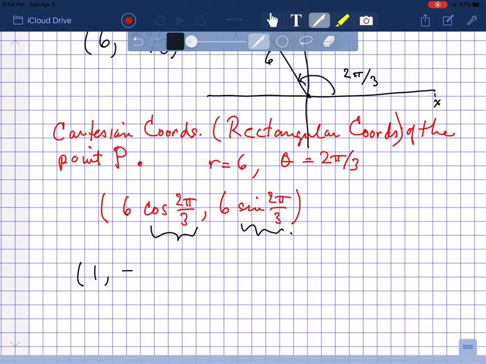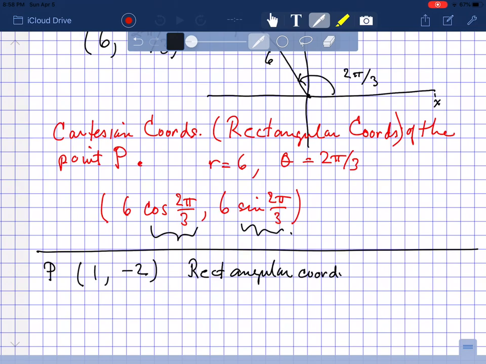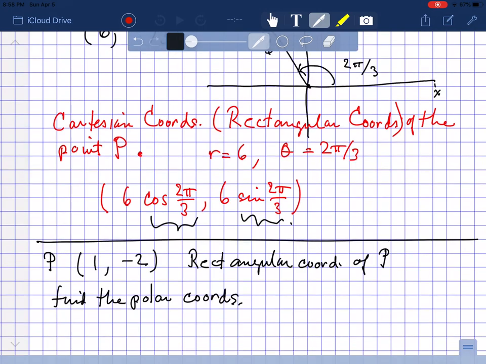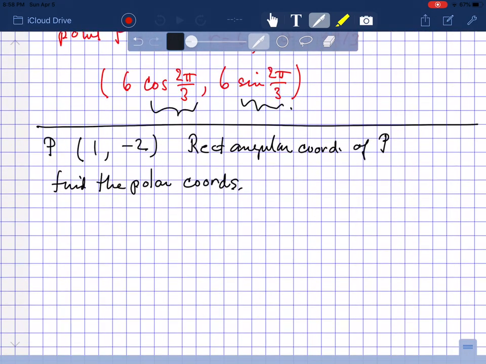Suppose I give you the following point. I give you the point 1, comma, negative 2. So here's the point P, and these are the rectangular coordinates of P. Find the polar coordinates. Okay, I think we can do that.